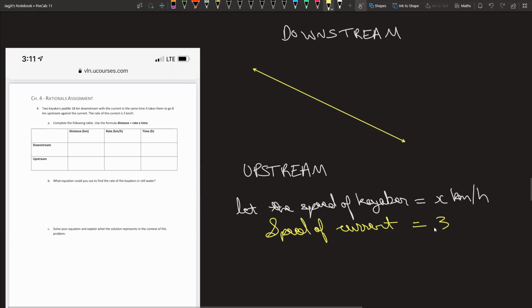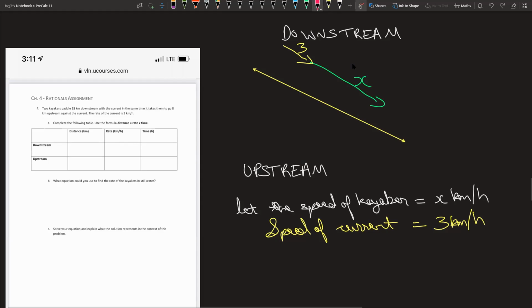So how does that come into play? Guys, when you're going downstream, you have your own speed, which is X kilometers per hour. Then the current is going to push you with its own speed, which is 3.